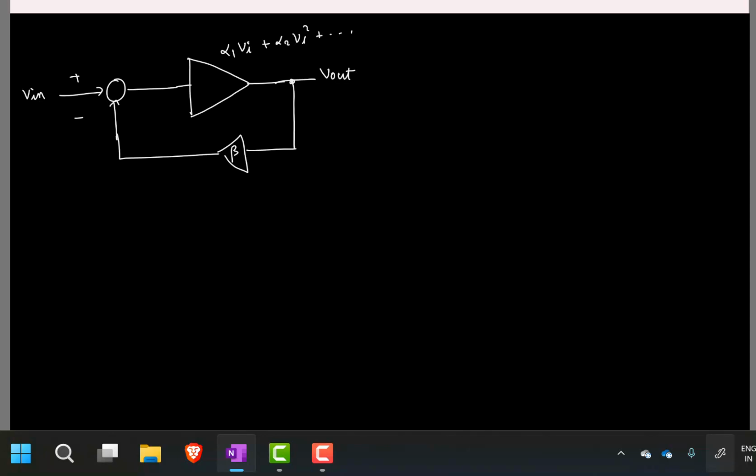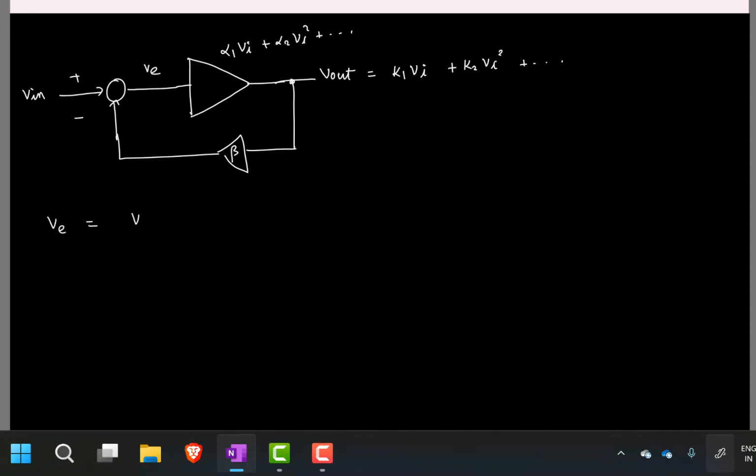So I know that my output is also going to be nonlinear, right? So it's going to be some K1 times Vi, K2 times Vi square and so on. So our goal is to find what these coefficients K1, K2, K3 are in terms of these guys. So let's try to quickly solve this. If I call this the error signal, what is the error signal?